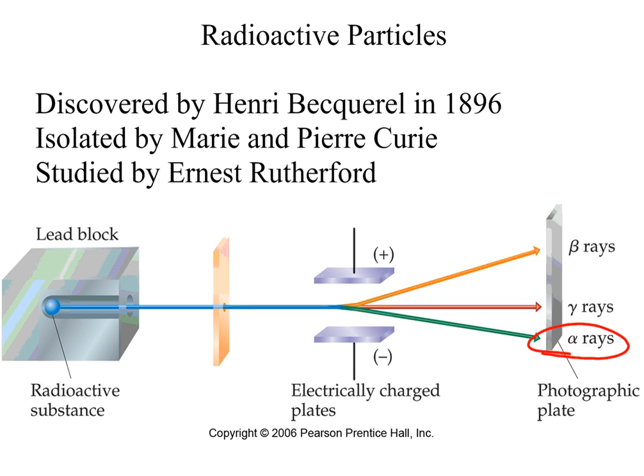They discovered that there were three different types of particles: alpha rays, which he was going to use in his future experiment, beta rays, and gamma rays. The alpha rays were deflected toward the negative plate, so they must have been positively charged. Beta rays, which turned out to be a beam of electrons, were deflected toward the positive plate, and then gamma rays were unaffected by the charged plates.